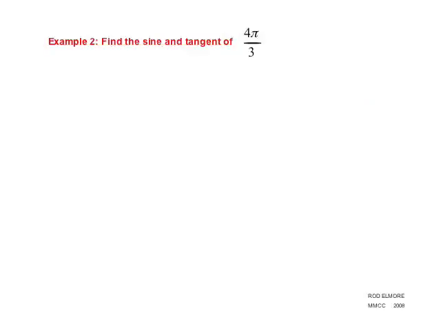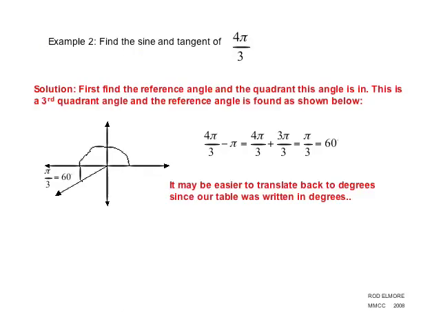Example 2. Find the sine and tangent of 4 pi over 3. Solution. First, find the reference angle and the quadrant this angle is in. This is a third quadrant angle, and the reference angle is found as shown below. So if we go 4 pi over 3, it will be in the third quadrant.